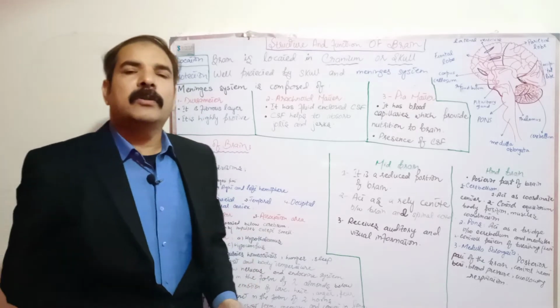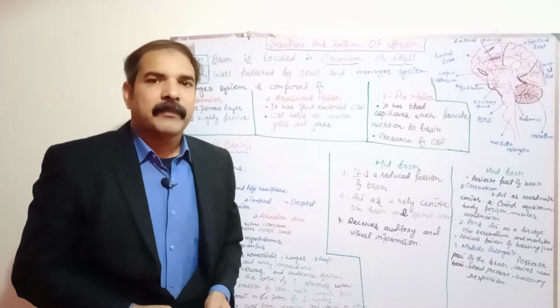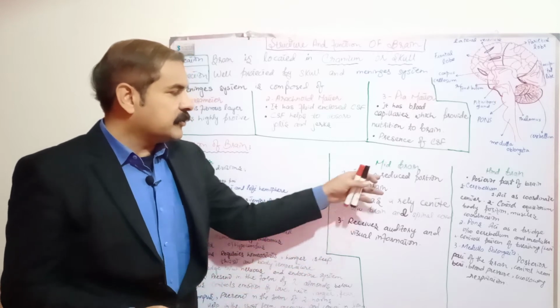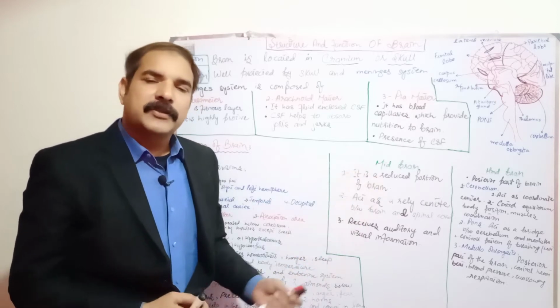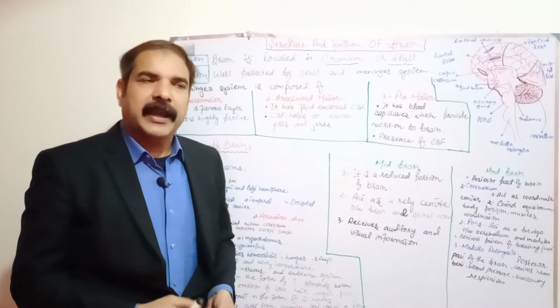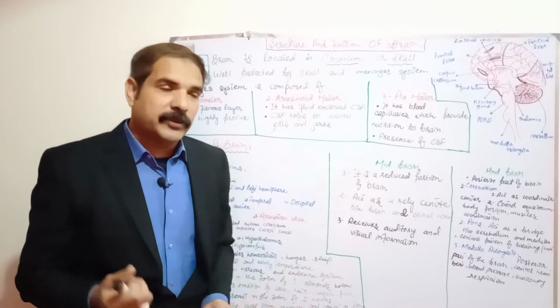It controls all the sensory information except the sense of smell, as the sense of smell is controlled by the midbrain. So except the sense of smell, it controls all the sensory information and transfers this information to the forebrain or to the cerebellum.